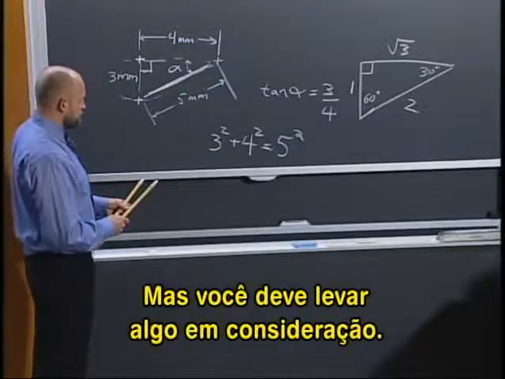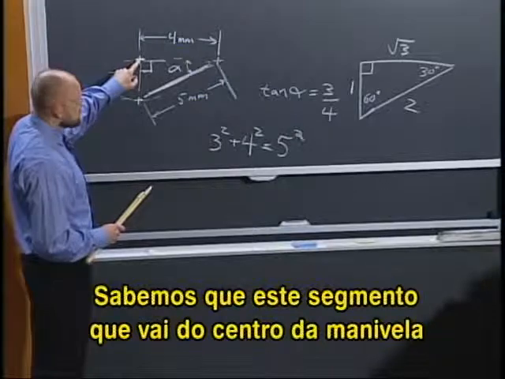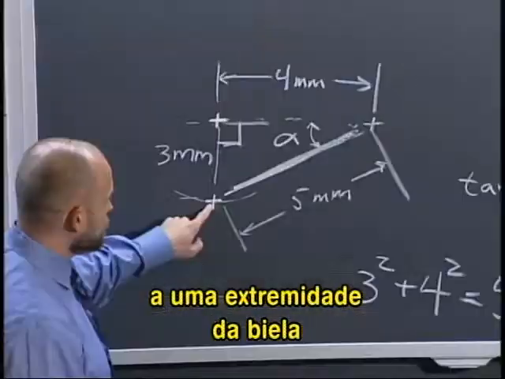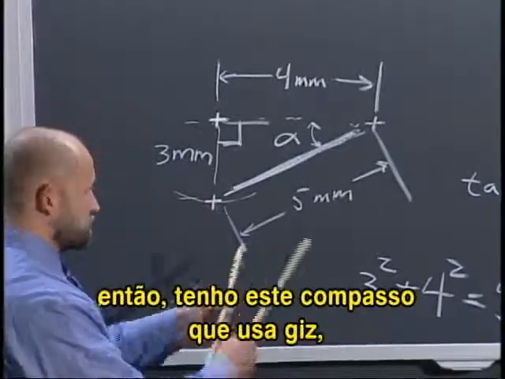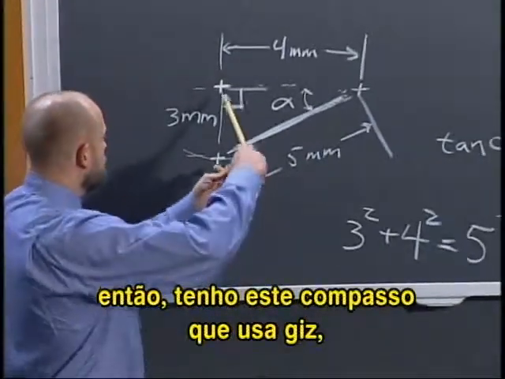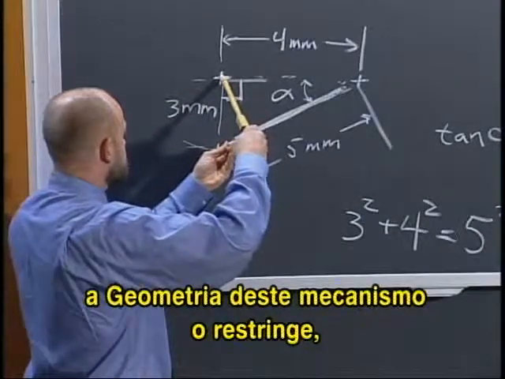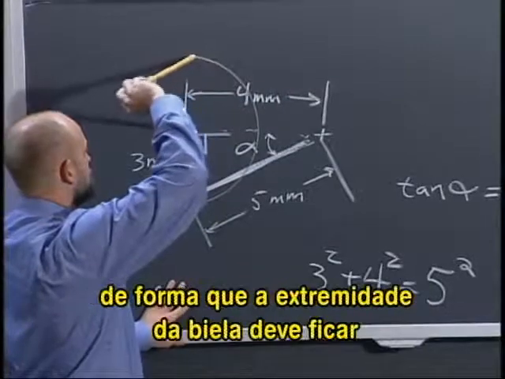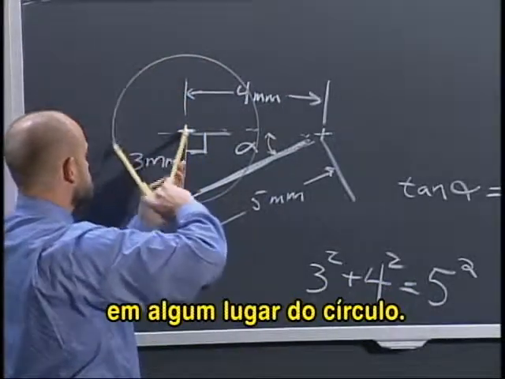We know that this link that goes from the center of the crankshaft to one end of the connecting rod constrains it to move in a circle. We talked about that, and I have this device here that works like a compass except with chalk, and what I can show is that the geometry of this mechanism constrains the end of the connecting rod to be somewhere along this circle.